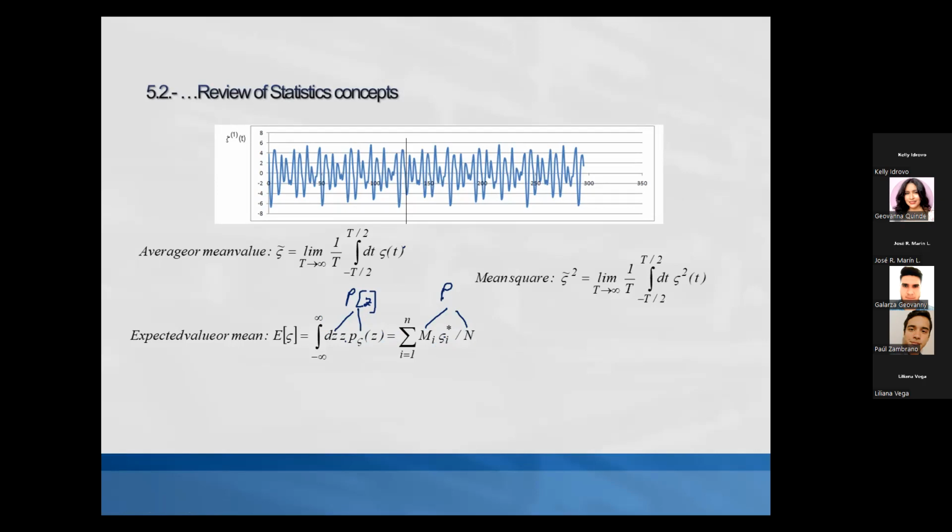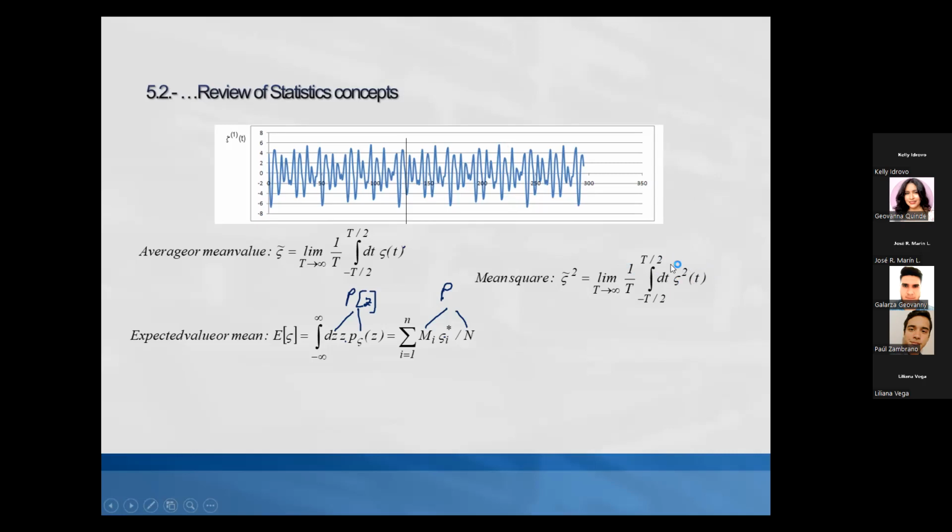We also recall the definition of mean square. Again, if you know this function, for example, in this case you have this wave elevation, surface elevation, the mean value would be very small, basically 0. But we know that you go up and down. So what we can do is calculate another parameter.